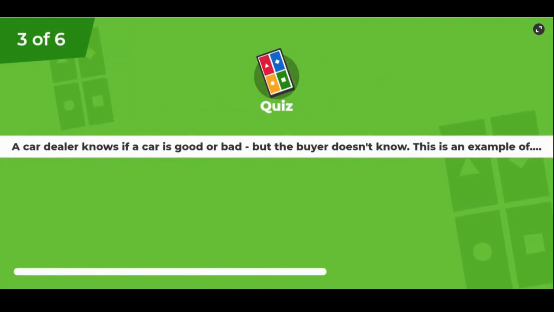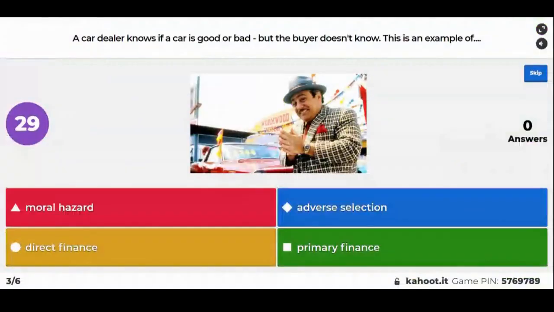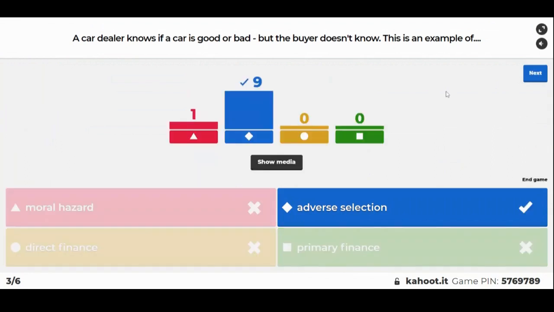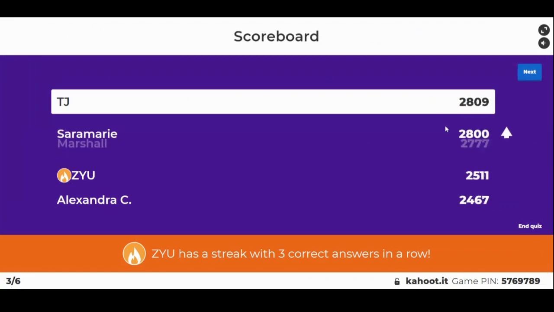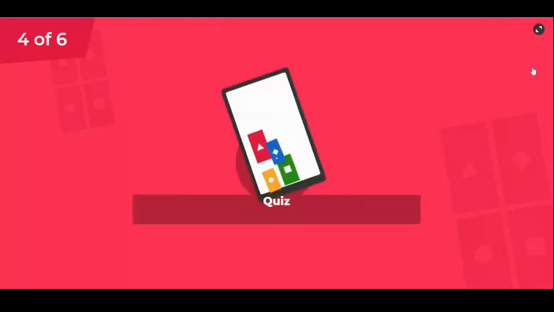The car dealer knows if a car is good or bad, but the buyer doesn't. This is an example of, is it moral hazard? Is it adverse selection? Is it direct finance, or is it primary finance? Very good. Almost all of you got it right.